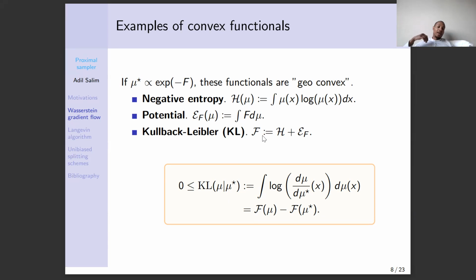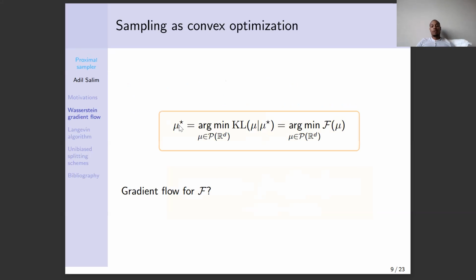There's a classical property of the KL divergence, which is that the KL is always non-negative and it is equal to 0 if and only if mu is equal to mu star. This tells you that you can view mu star, the target distribution, as the minimizer of the KL. If you look at the KL as a function of its first variable, the measure mu, then it is minimized when mu is equal to mu star, and at the minimum it's equal to 0. So in particular, since curly F is equal to the KL up to an additive constant, mu star is the minimizer of curly F.